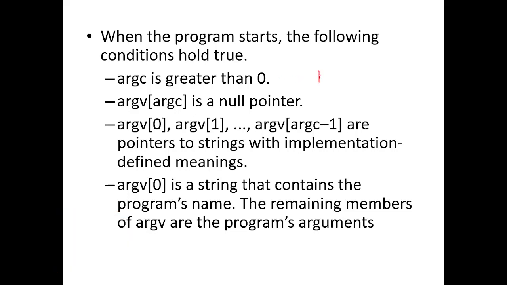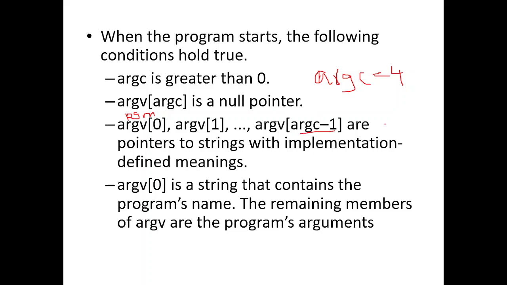In the previous example, if argc is equal to 4, then in the 0th position the program name will be there, and from argv 1 the command line arguments start and move till argc minus 1.